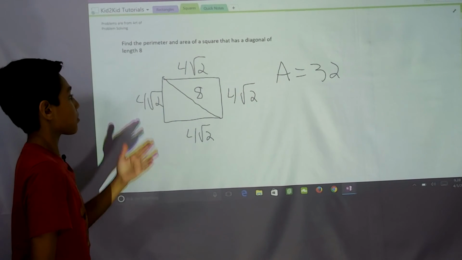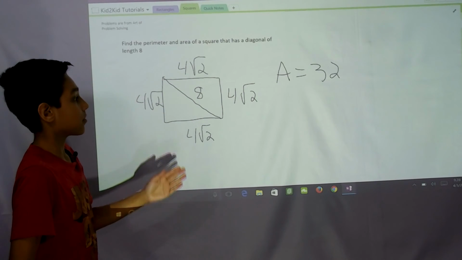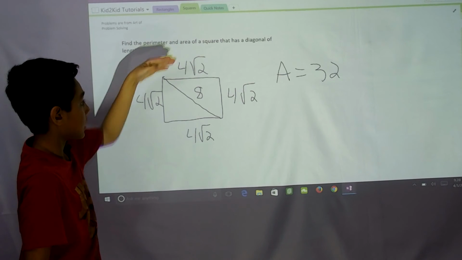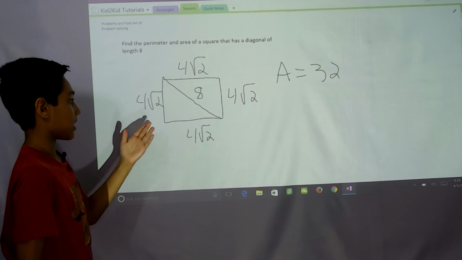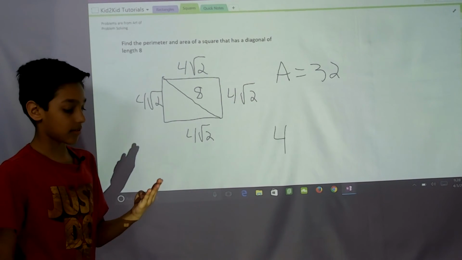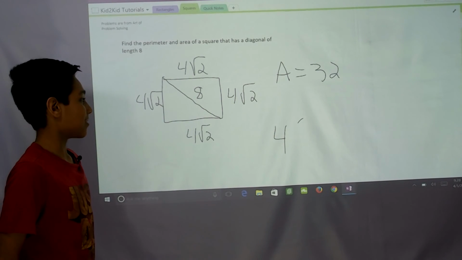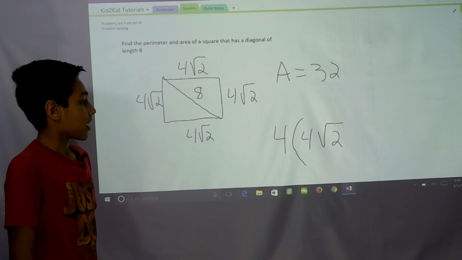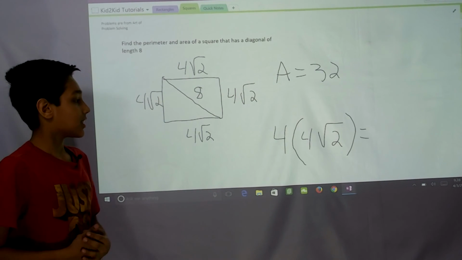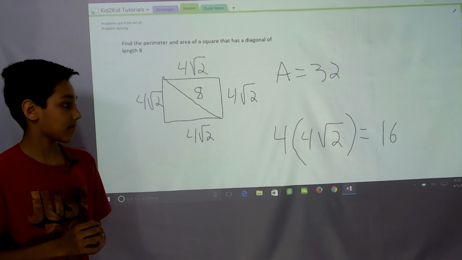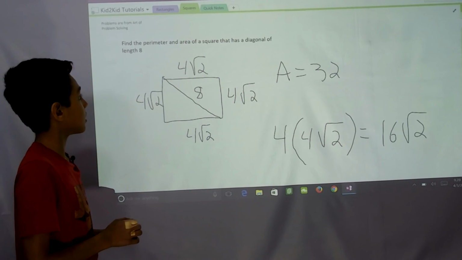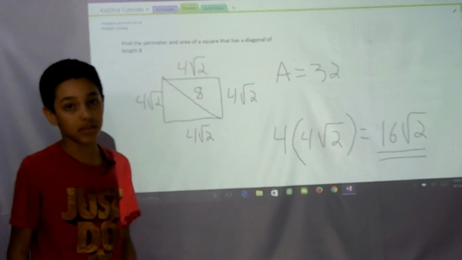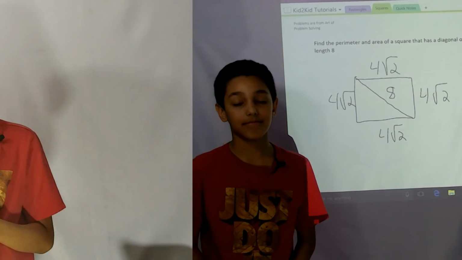So then to find the perimeter, we just add all these up. An easier way to do this is multiply 4 by one of the sides, because all the sides are congruent and there's 4 sides. So we have 4 times 4 square root of 2, and that equals 16 square root of 2. And 16 square root of 2 is the perimeter. Now we have the area, which is 32, and the perimeter, which is 16 square root of 2.